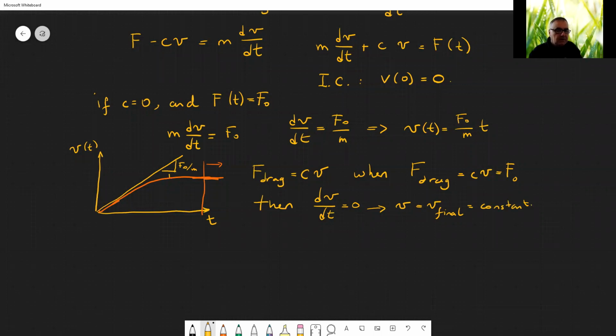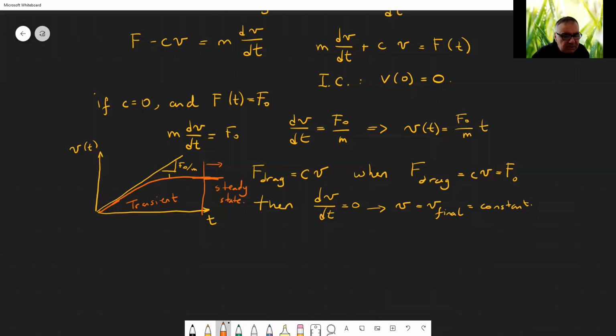Okay? From this point on, it doesn't increase. The region in which the velocity changes we call the transient region. And the region in which the velocity does not change anymore is called the steady state region. From this point on, we don't see a change in the velocity.